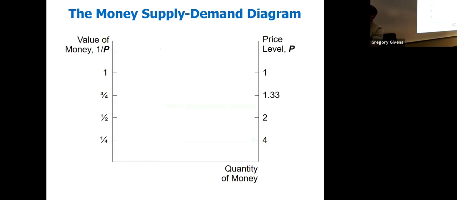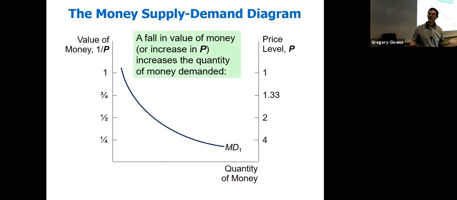okay? What does the demand for money look like? It's going to have its standard downward sloping shape to it, right? As the price level rises, and therefore the value of money declines, we're going to need more dollars in order to purchase a given quantity of goods and services.